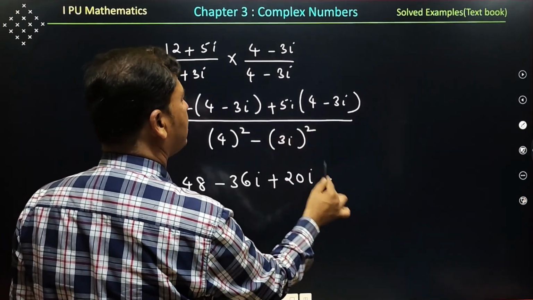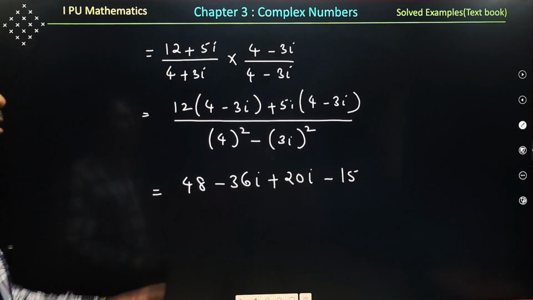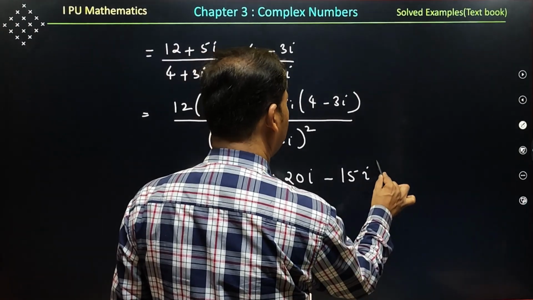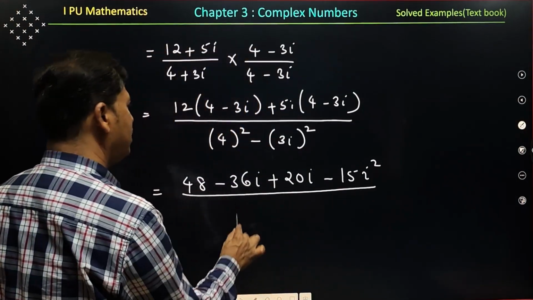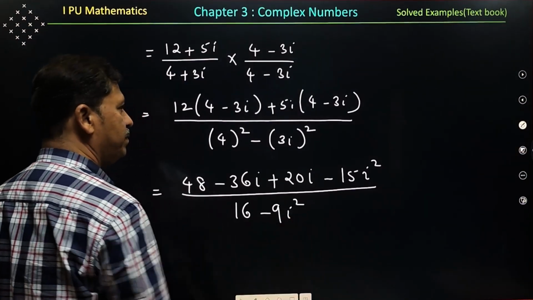Plus into minus, minus. 5 3s are 15, i into i is i square, for the time being i square itself. This is divided by 4 square is 16, 3 square is 9 and then i square here.